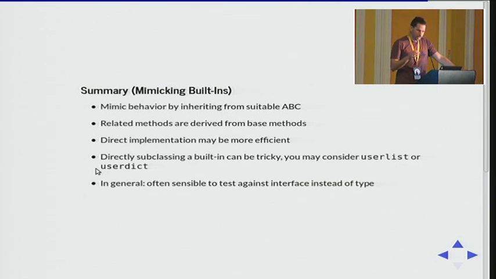Also, a good thing is that all other functionality that you may need is already derived. However, these implementations may not be as efficient as they could be, so you should take a look at that. And if you directly subclass, for example, lists or dictionaries, this can be a bit tricky. So in some cases, you may consider the types called UserList or UserDict.